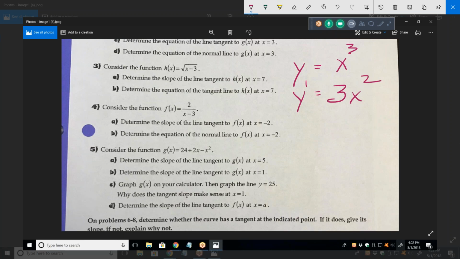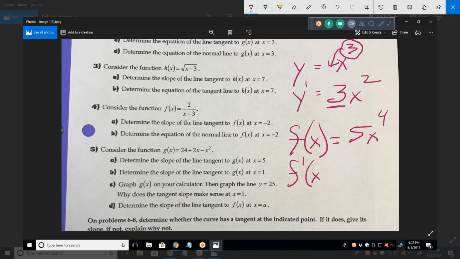So if I told you f of x equals 5x to the 4th, tell me what the first derivative of x is. So it'd be 20x to the 3rd. That's as simple as that.